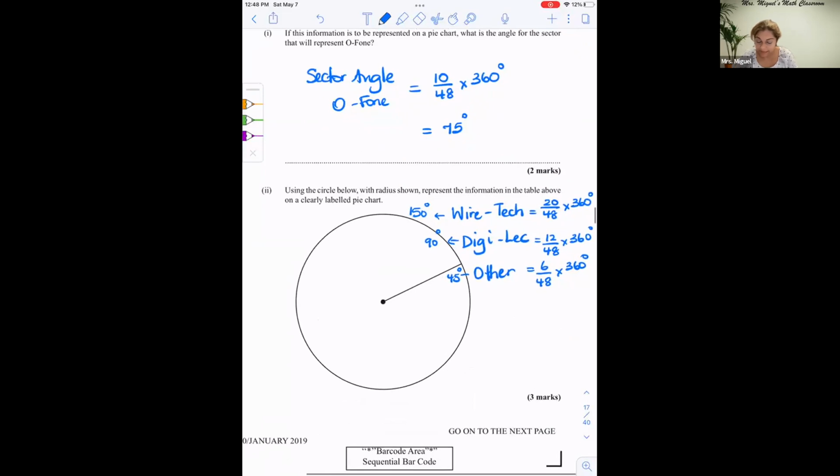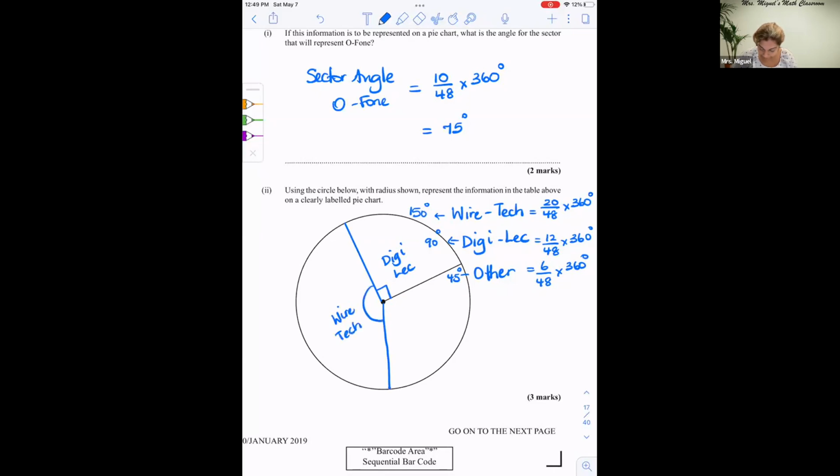So for this, you will just use this as the baseline and you will draw the angles. You'll use your protractor and measure the angles. This is 90 degrees. This is Digilec. Then we have 150 degrees. We can label this Wiretech.